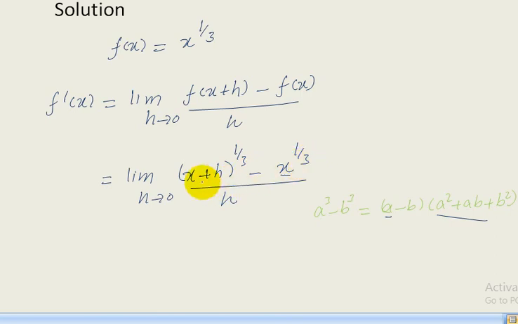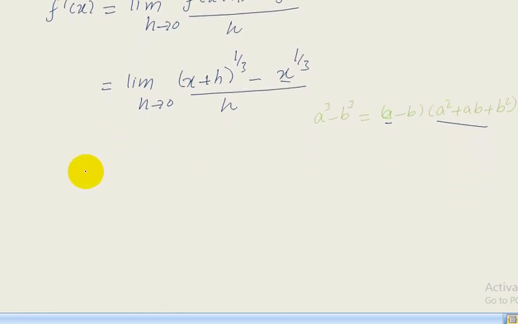So we have to multiply this function by square of this function and product of these two functions and then square of second function, cube root of x.